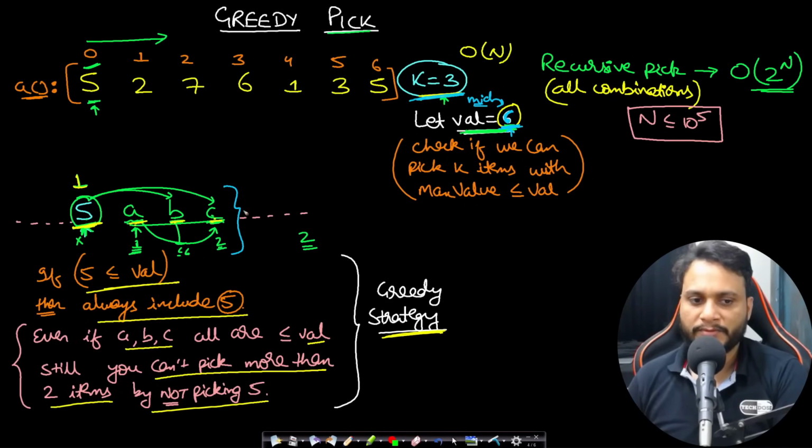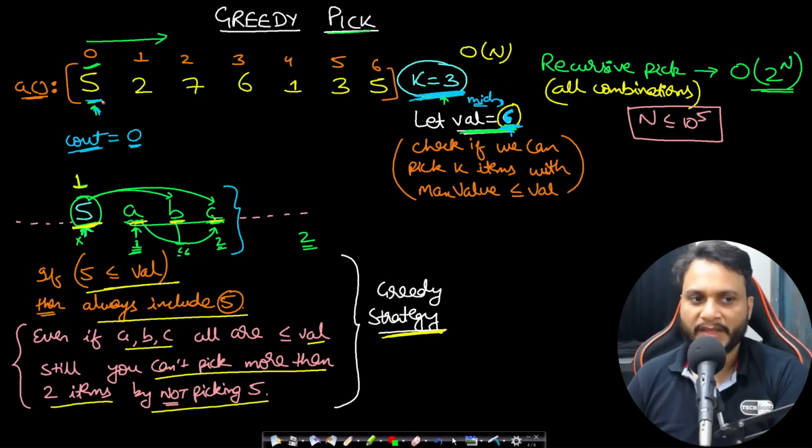According to this proof which we have seen, if I see a 5, I will include that. So you can keep a counter to count how many items I have selected. If at the end the count value is greater than or equal to k, then you can simply return true, saying that we can actually select k items with maximum capability less than or equal to 6.